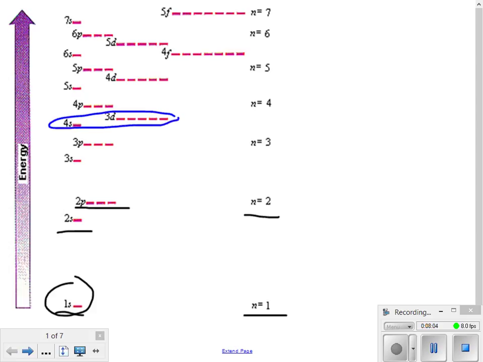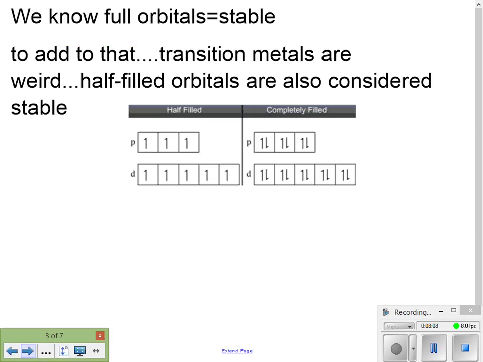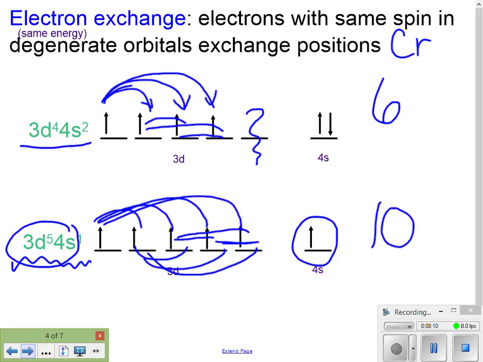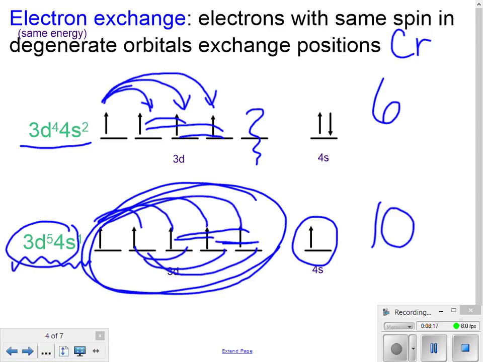And then once we start populating that 3d, they actually kind of fluctuate. Chromium is more stable with these half-filled 3d than it would be like this.